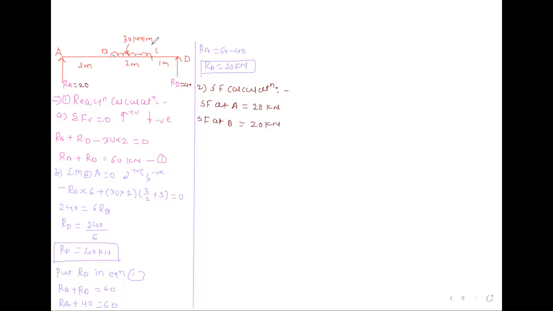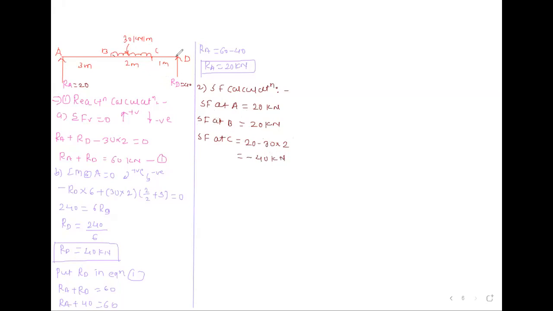Now we will calculate shear force at C. Shear force at C is equal to, up to this B point force is 20, and in between B to C downward force, so minus 30 into 2. So shear force at C is equal to how much? Minus 40 kilonewton.